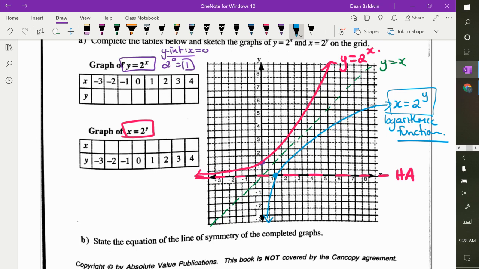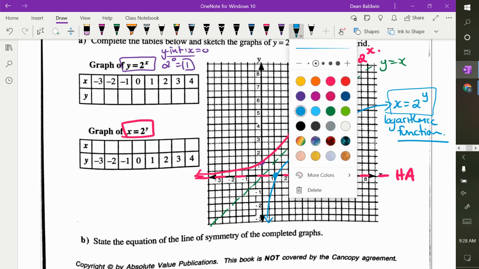Exponential function graphs look like this or like this. Log graphs look like that. And if we have a horizontal asymptote for the red, the exponential function, of y is equal to 0, where does that asymptote move to on the logarithmic graph? X equals 0, because you switch the xy values.